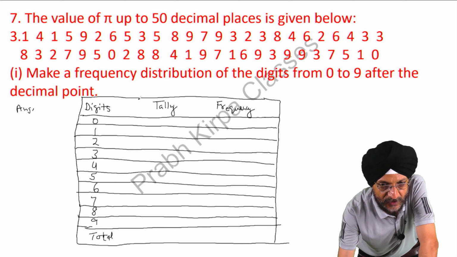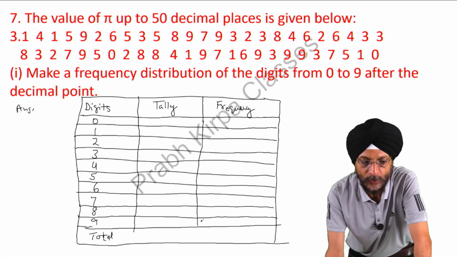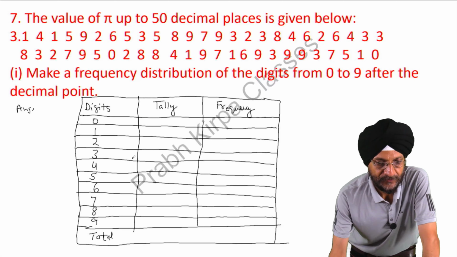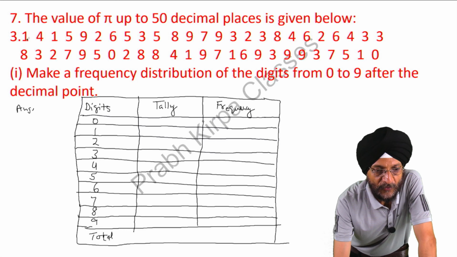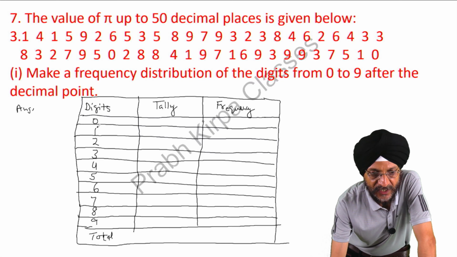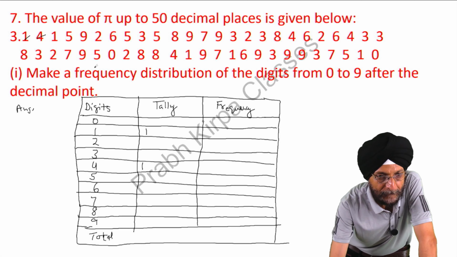By drawing these lines, we will be forming proper cells so that the relevant entry is put into the relevant column and relevant row. So the next, first is 1, where the entry of 1 comes in digits, it comes here. Then 4, digit 4 falls here.